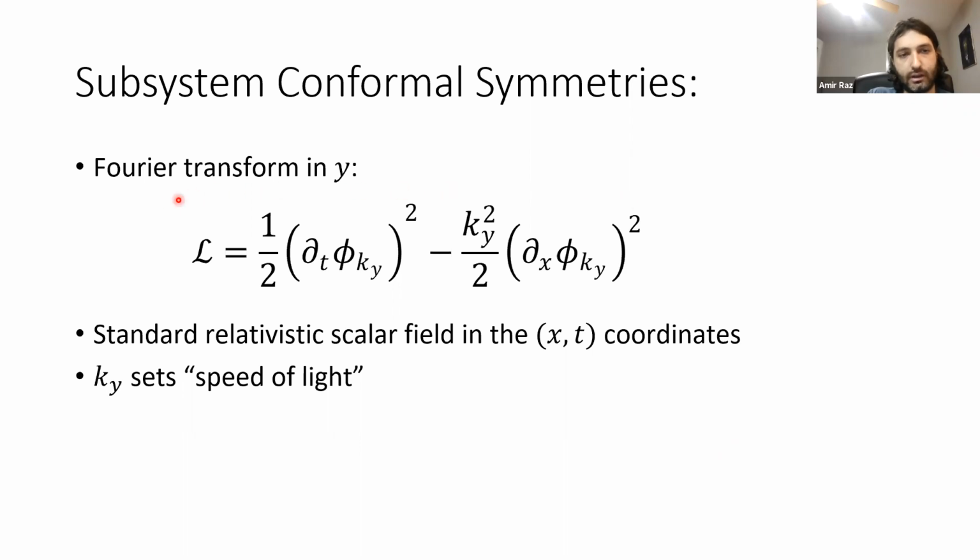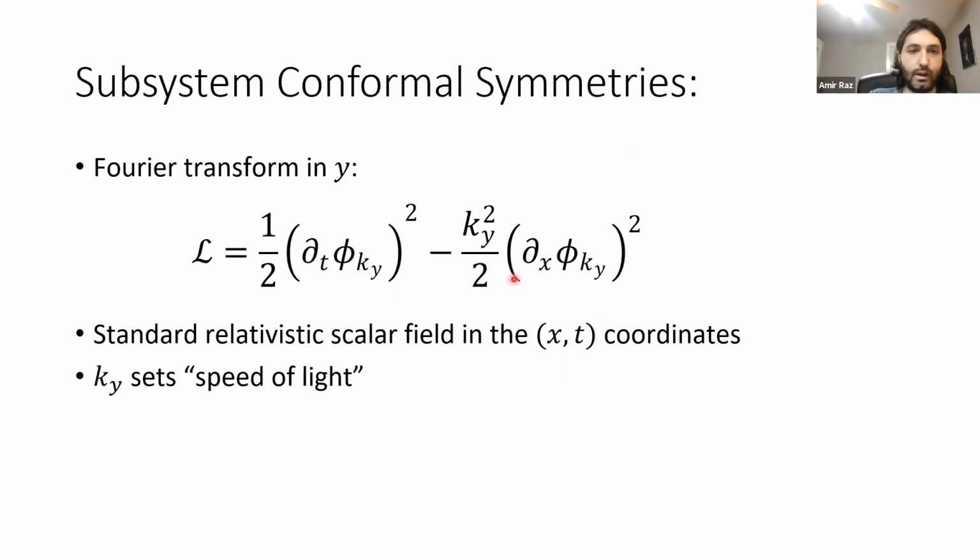The resulting Lagrangian is just a free relativistic scalar field in the xt coordinates. It does have this ky squared here, which sets the speed of light. But really, it still has the full relativistic two-dimensional conformal symmetry for each ky mode.